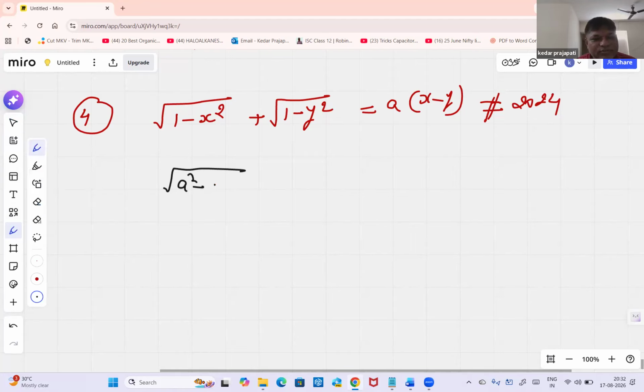A square minus x square is given. So what was the substitution for us? X equal to, see you know, if I'll put x equal to a sine theta or cos theta, then only it will be solved, right?